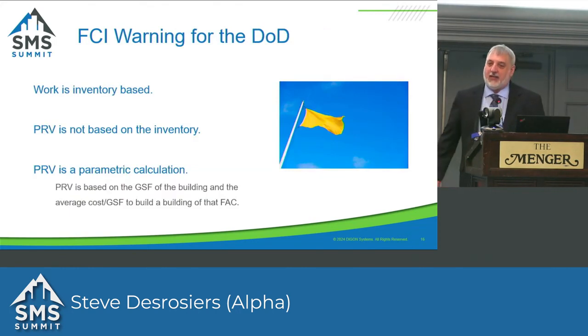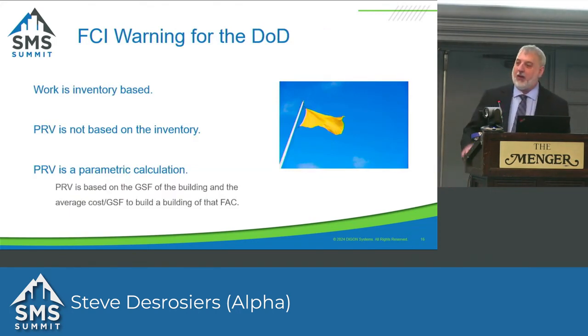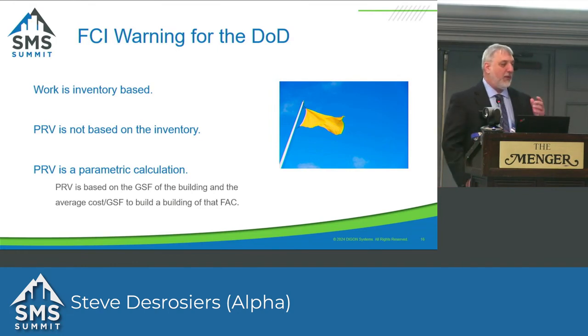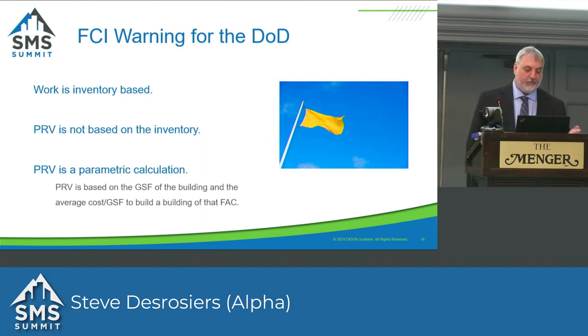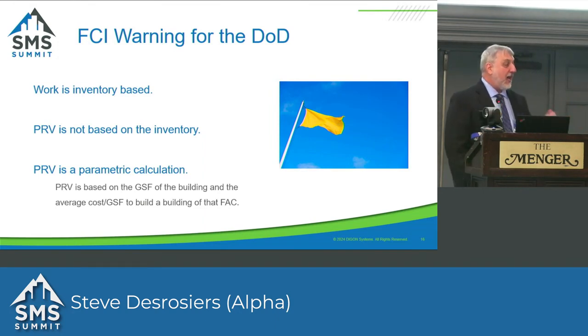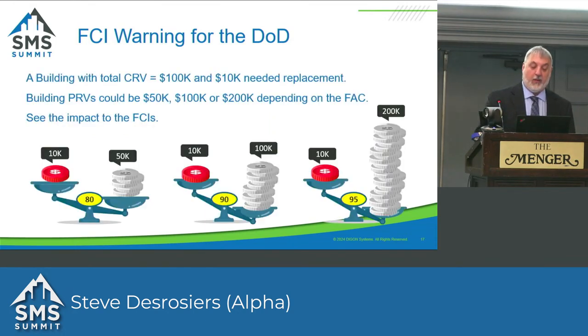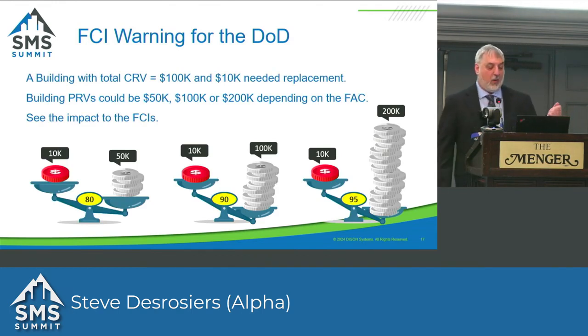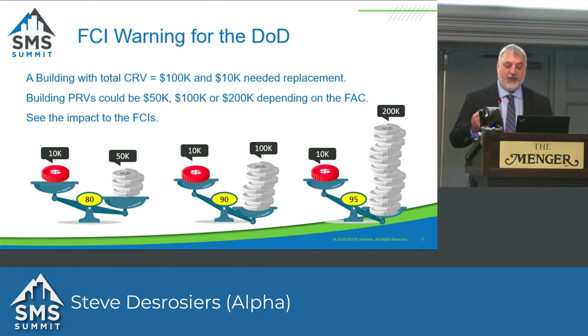However, if you belong to the DoD, this is a warning. The problem with the FCI in the DoD is that the red coins are based on your inventory and what part of the inventory needs to be replaced, but the PRV is not based on the inventory. The PRV is based on a parametric calculation. It's easiest to explain with an example. If I had a building with a CRV of 100K and 10K of its inventory needed to be replaced, that's pretty simple.